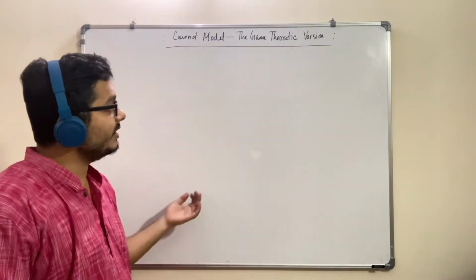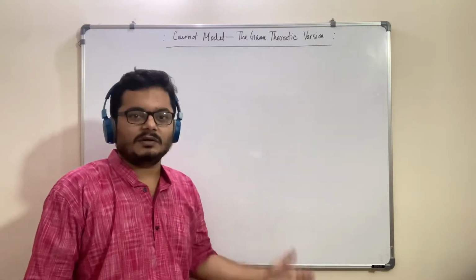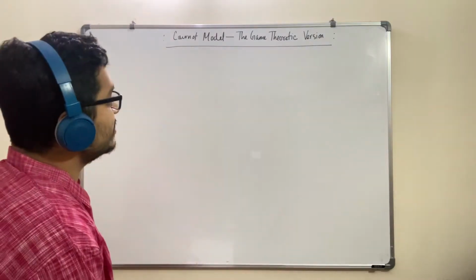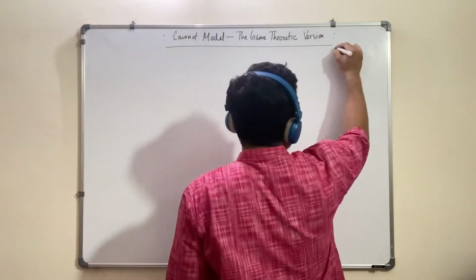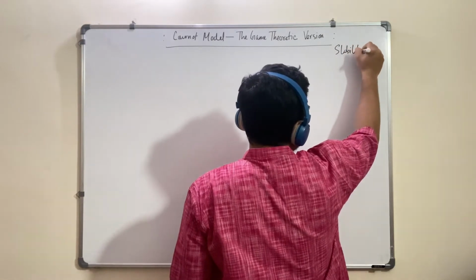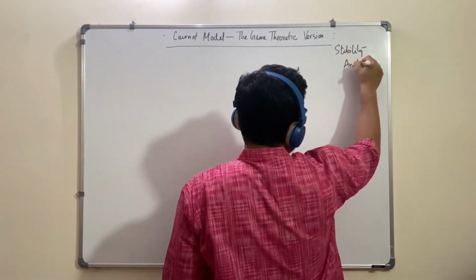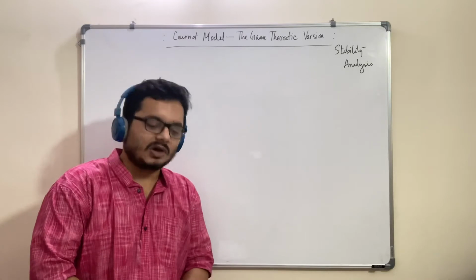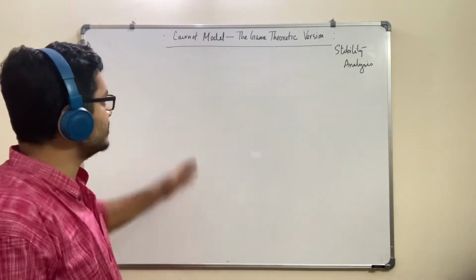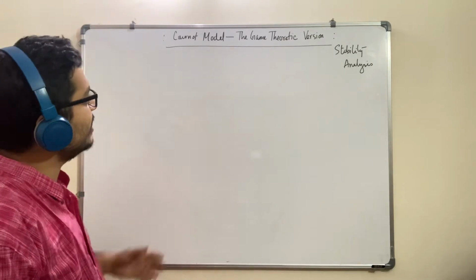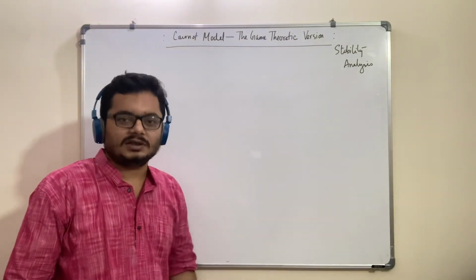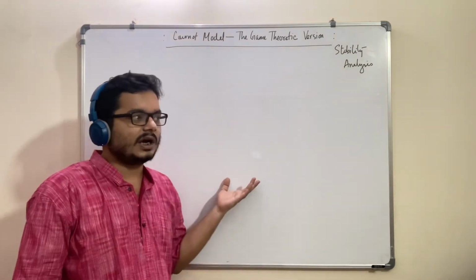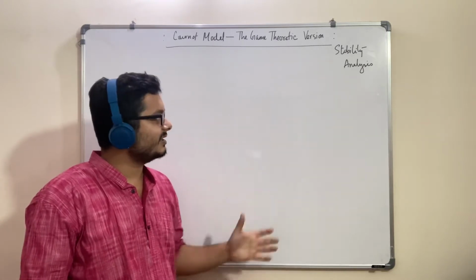The equilibrium point, the reaction curves, everything is the same, but what we know as stability analysis in standard economics, this analysis of Cournot is wrong, and because it is wrong we are interested in the game theoretic version. Interestingly, the game theoretic version was not there until John Nash. After his work, it came into being and we understood what the correct explanation would have been.